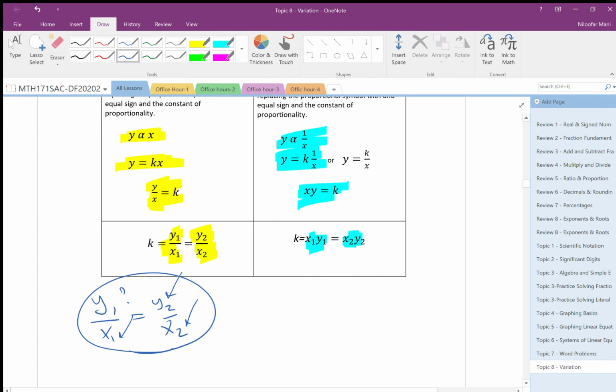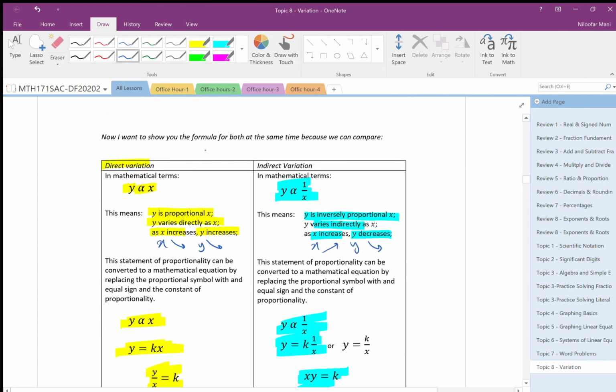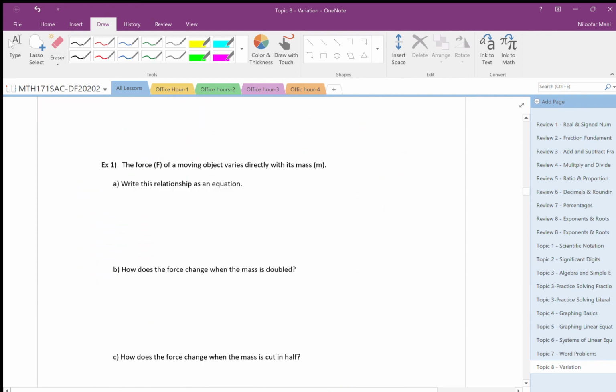Or any of them. I have 3 of them, I want to find the 4th one. Here, x1 y1 equal x2 y2. So I have this one, this one, this one. For example, I'm looking for this one. Again, any of them. I have three of them, I want to find the fourth one. So when I have direct, I do this. When I have indirect, I do this. I have both of them beside each other because I want you to see it.